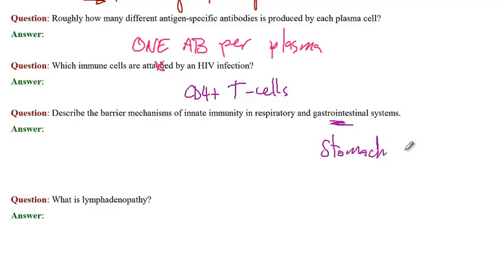So the stomach hydrochloric acid will kill most of the pathogens. But then we also have a lot of benign bacterial flora in the intestinal tract that will prevent growth of the opportunistic bacteria. So the flora in the intestine. And for respiratory system, we had cilia and mucus.